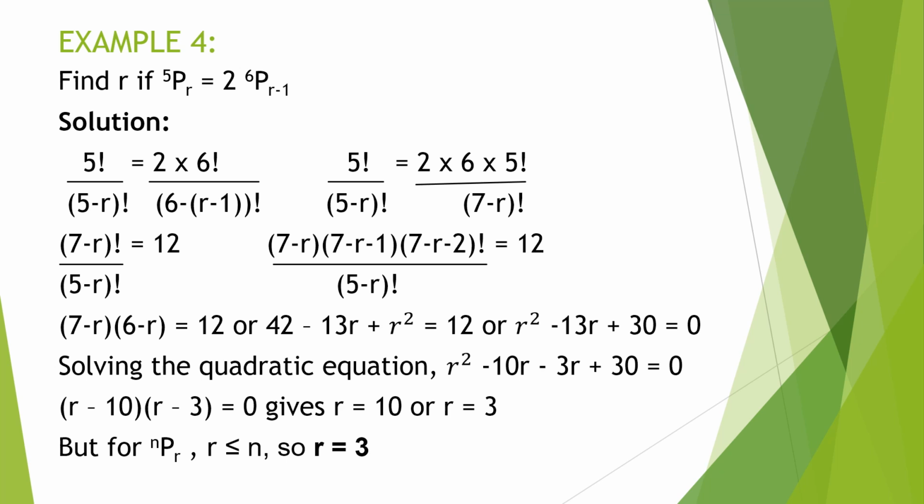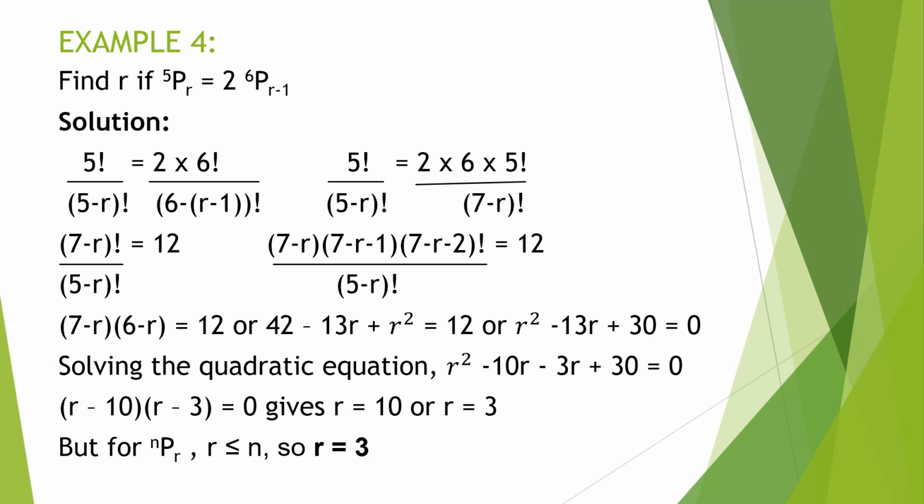Next example. In this you have to find r, when it is given 5Pr is equal to 2 into 6P(r minus 1). So again we apply the formula: nPr is n factorial upon (n minus r) factorial. So the right hand side will be 2 into 6 factorial upon (6 minus (r minus 1)) factorial.